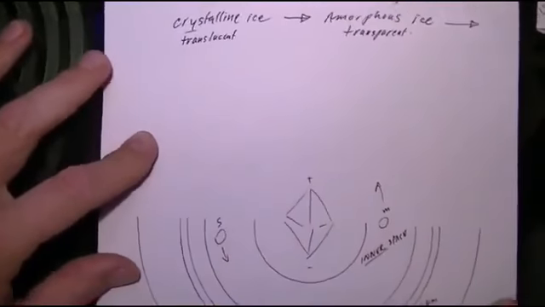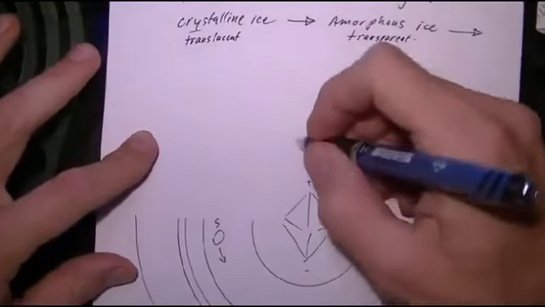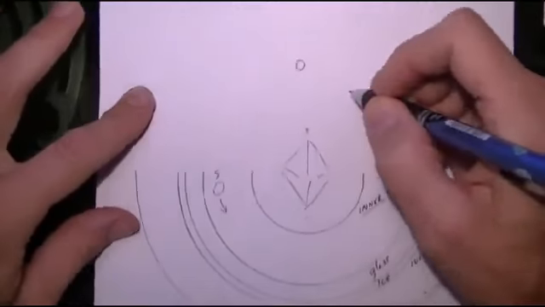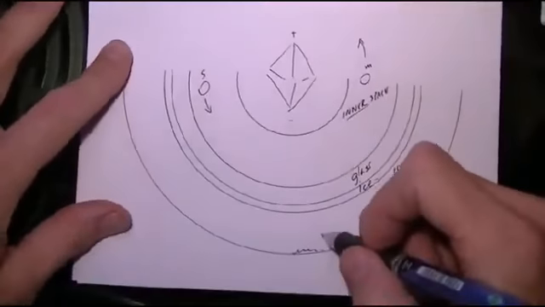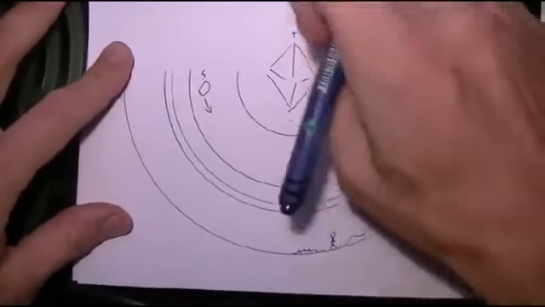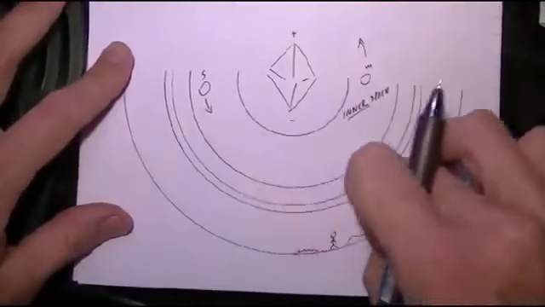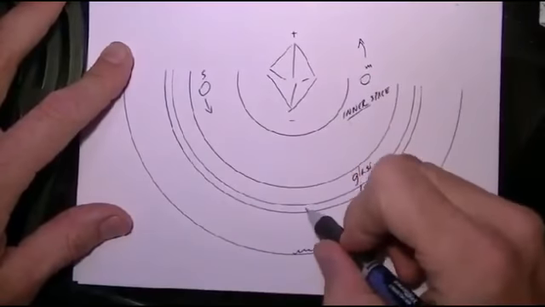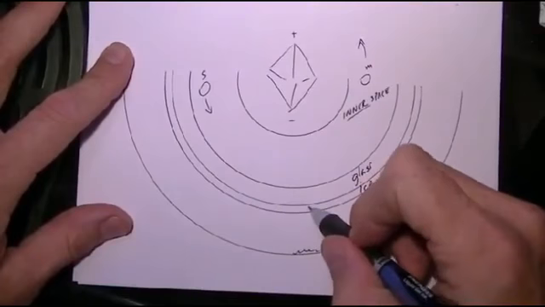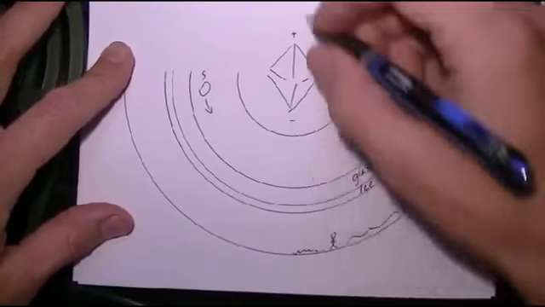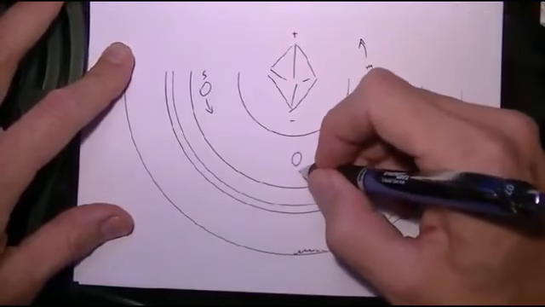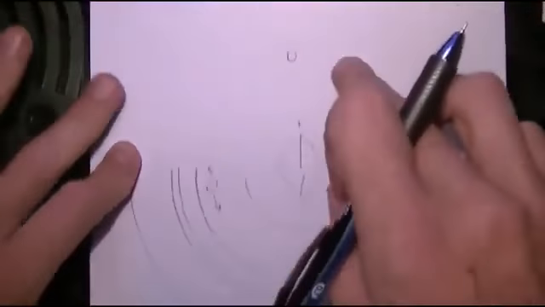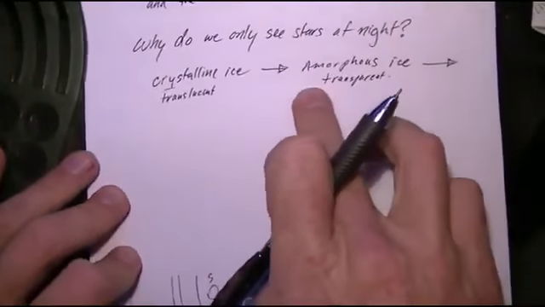Let's say this is nighttime right now, and that would mean the sun is over here, away from us, and so it's not as warm. So this ice is colder than if the sun was over here. There's a transition that happens daily.